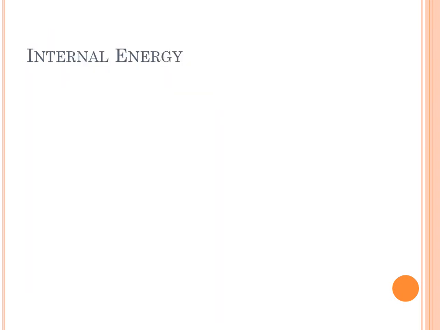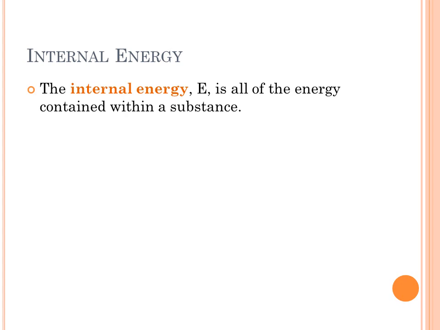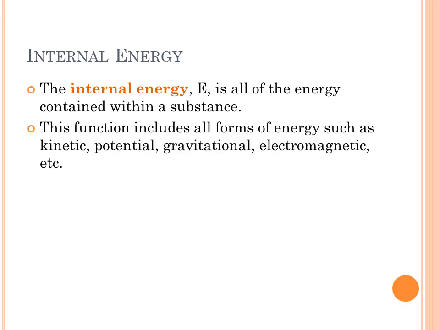Let's take a look at internal energy. Internal energy, symbolized by E, is all of the energy contained within a substance or a system. This function includes all forms of energy: kinetic, potential, gravitational, electromagnetic, electrical, anything else.